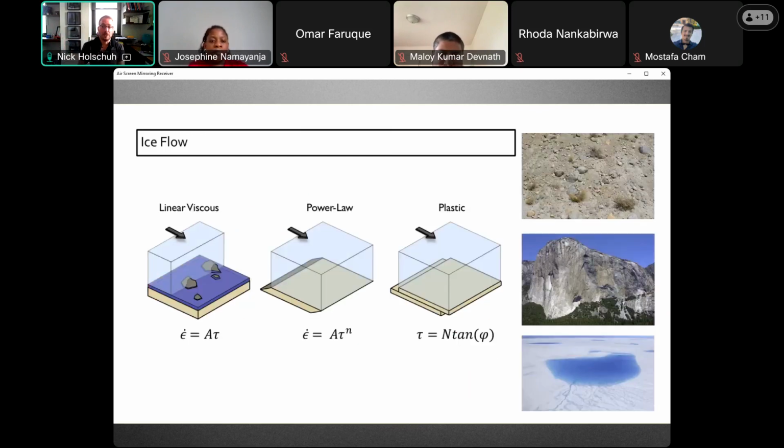There are a number of distinct laws defined in ice sheet models to relate the stresses, the forces that govern ice flow, and the rate at which ice slides. Some of them are focused on how ice flows past obstacles.